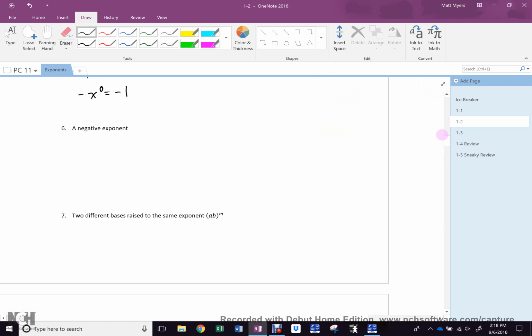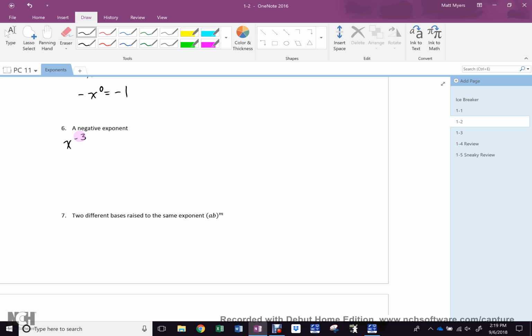And I've left a lot of room for this because it blows your people's minds. I do not know why. X to the negative 3. Can that exist? No. What's the base? X. The exponent is negative 3. The exponent tells you how many times you're going to multiply x by itself, right? You cannot do that negatively.